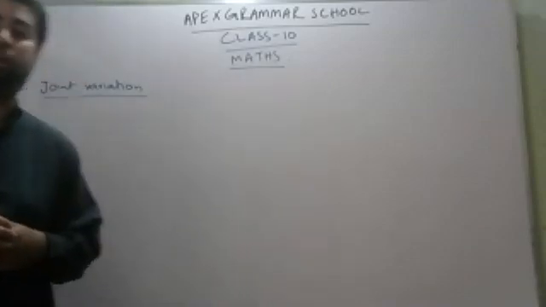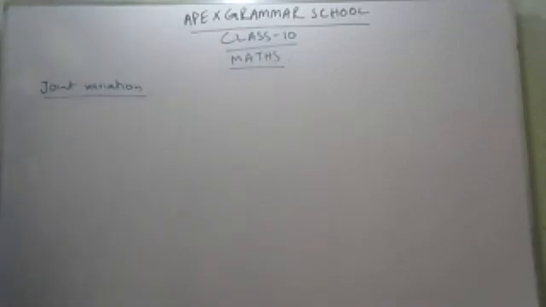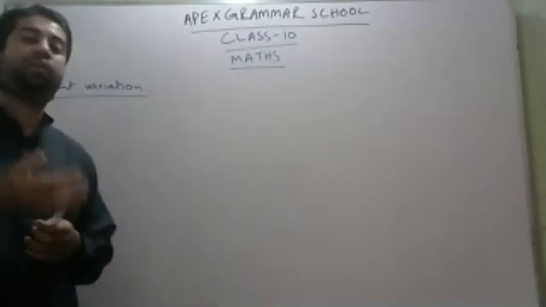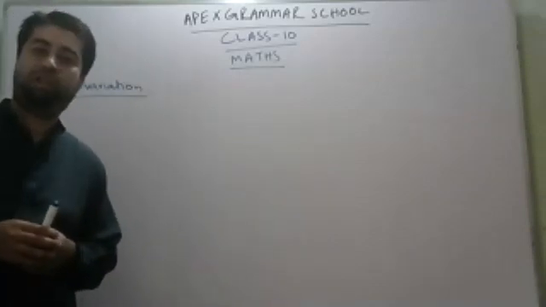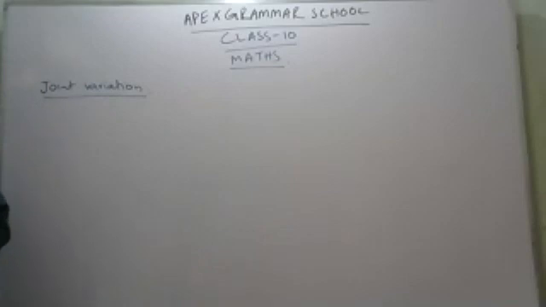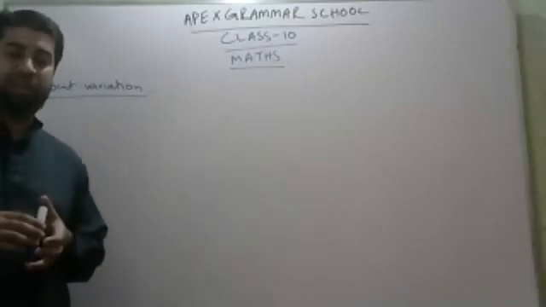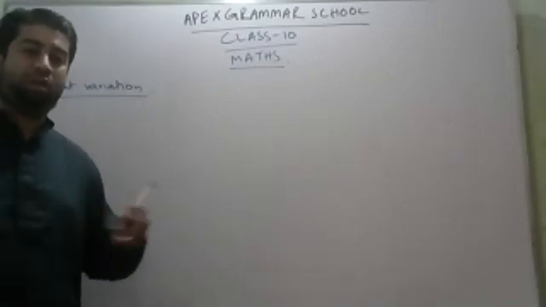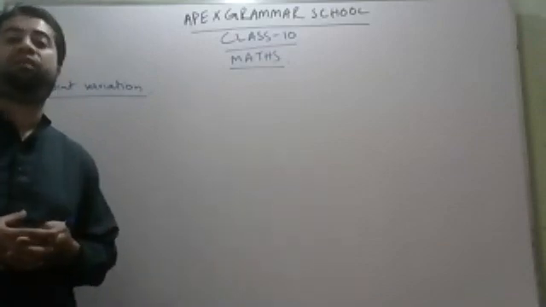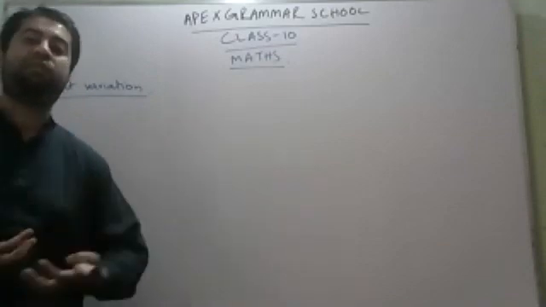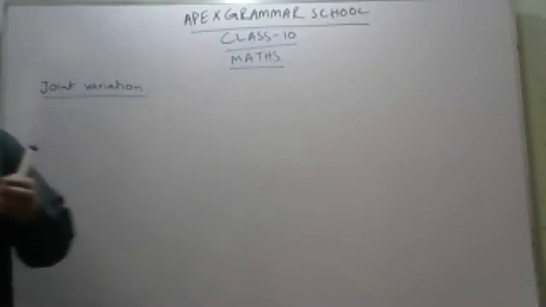This is called joint. And you have already done direct variation, meaning directly proportional, and inversely proportional, that is inverse proportion. So the combination of both these variations, directly and inversely proportional, makes joint variation.